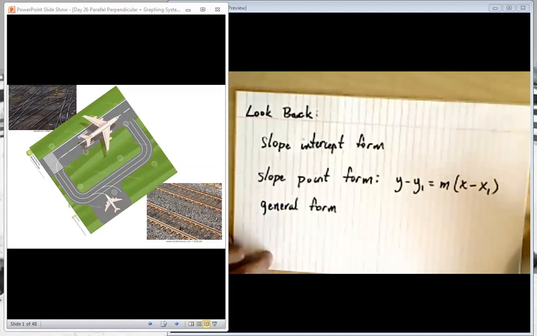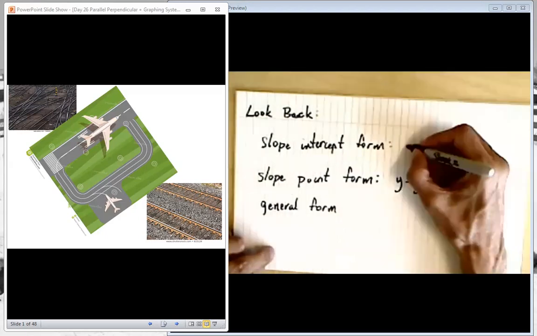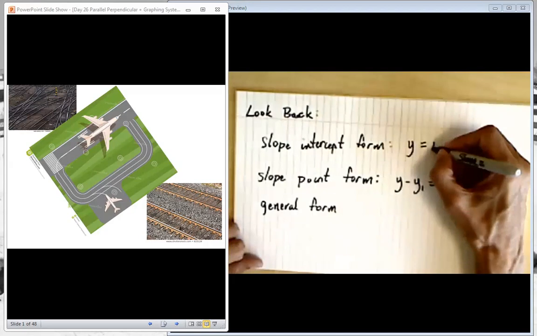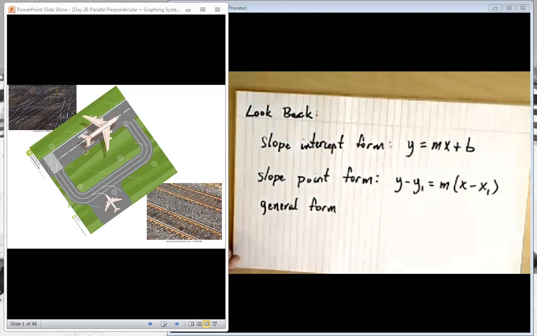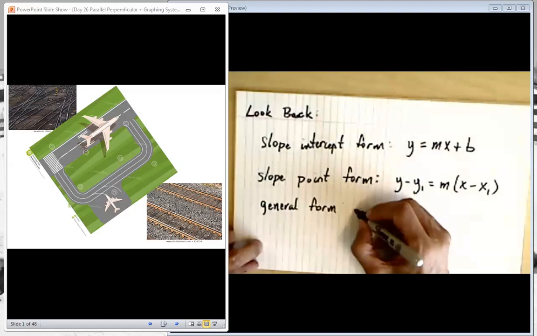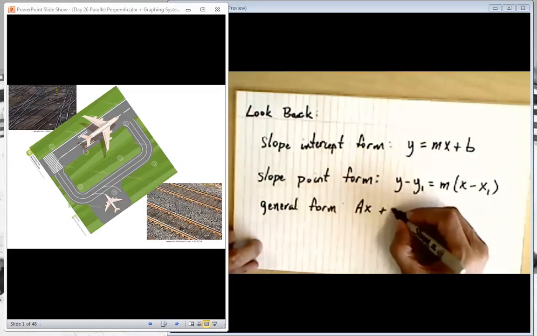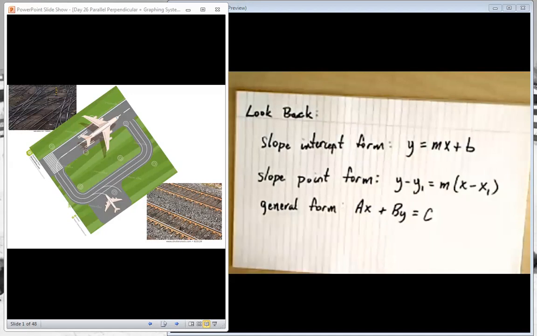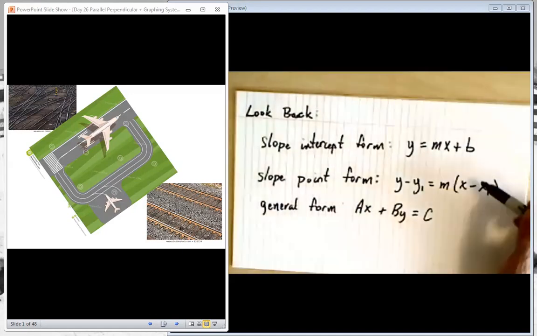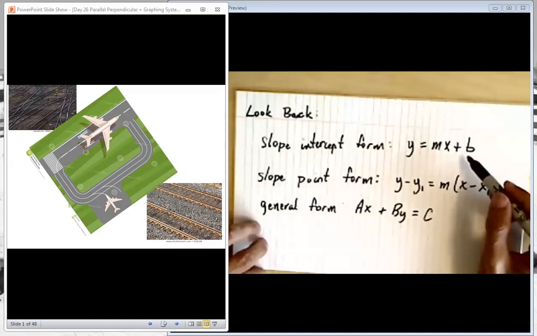How does that one look? y equals mx plus b. Nice. Class got it first, but Zoom got it very close afterwards. And the general form, just because we had it, was Ax plus By equals C, right? Good. Okay, so I just want to do a couple of questions with these ones to get ready for today's.